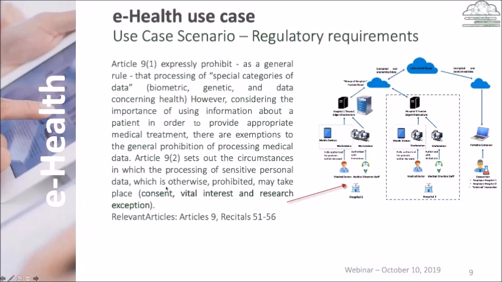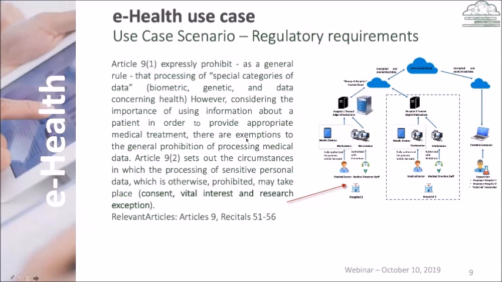The first one is that the patient has to give consent for the use of the data. The second one is that this data can be used if we have a vital interest of the person. Or the last possibility is to use this data for research activities.